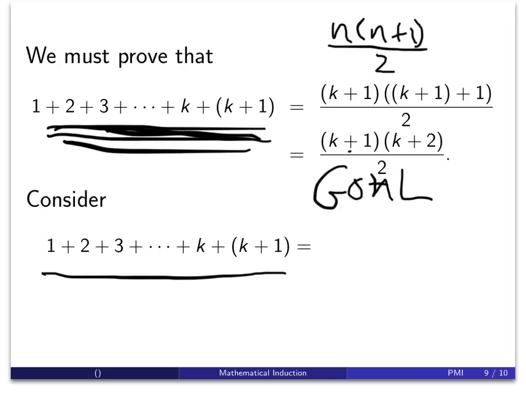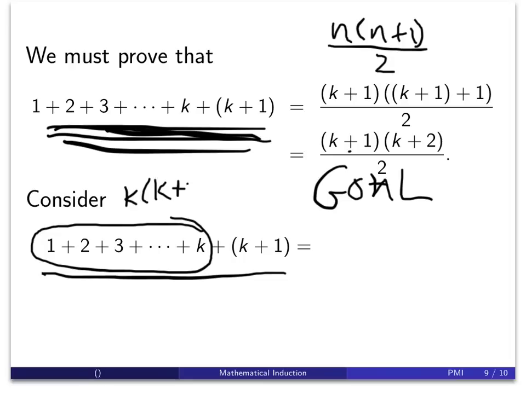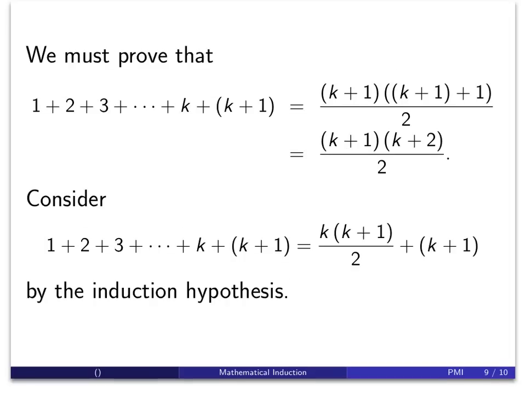I make my little revelation: there's the sum of the first k integers, and I assumed that that sum was equal to k times k plus 1 over 2. So I'm going to replace this by k times k plus 1 over 2. That's the inductive hypothesis. There's my k times k plus 1 over 2, and then I still have this term k plus 1.